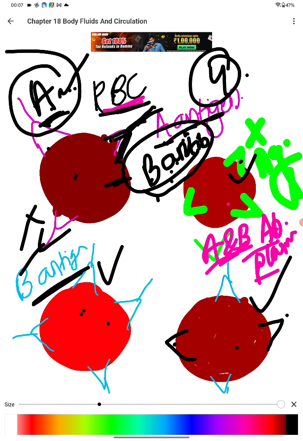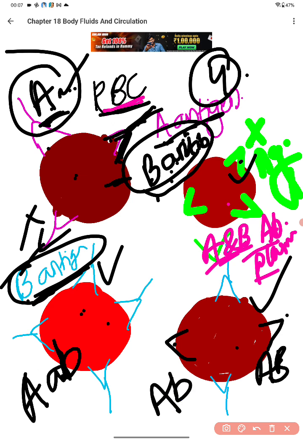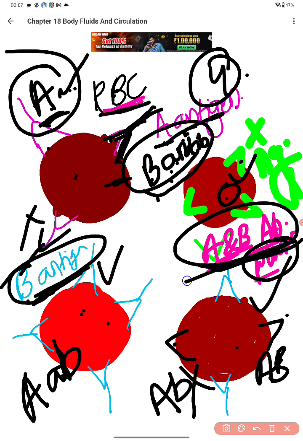If your blood group is B, you don't have B antibody, you have A antibody. If your blood group is AB, you don't have any antibodies in your blood. If your blood group is O, you have both A and B antibodies in your blood. I think you understood.